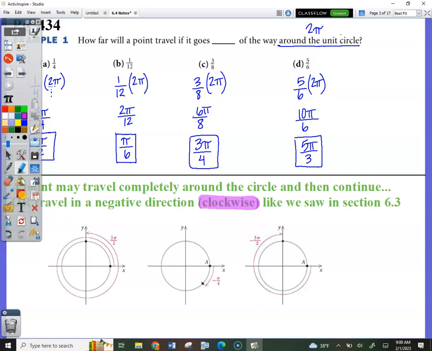So we may have rotations that go past 360, or they may, in the other direction, rotate in a negative direction, clockwise, past 0, like this one right here. This one's starting there and rotating negative.